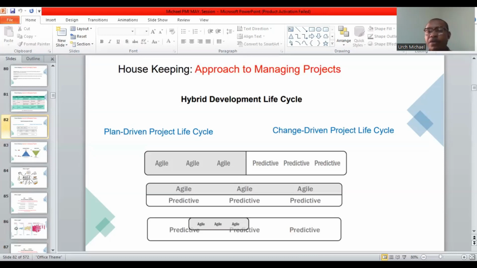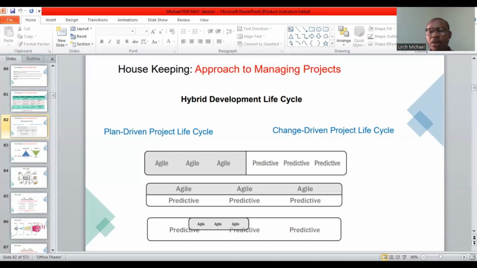But in the case of the change-driven project life cycle, the requirements are not clear from the beginning of the project. So we work with just as much requirement as we have at the moment, and as we go into the project, it's called progressive elaboration. As we go into the project, we gain more understanding, we get more feedback, and then we expand the scope.